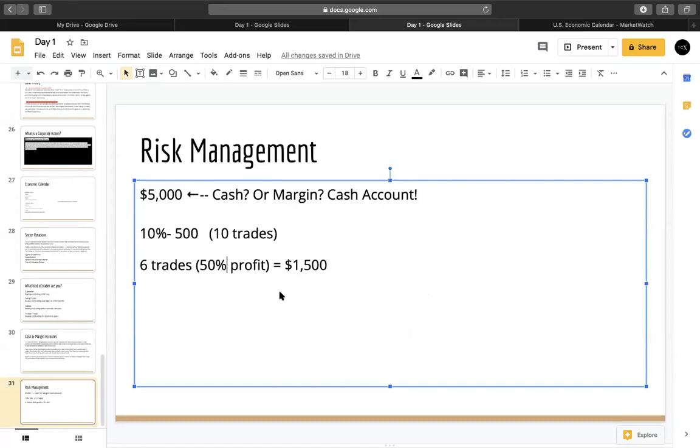Okay, now the 4 losing trades. Let's say you have a stop loss of 10%. What is the most you're going to lose out of the 4 trades if you have a stop loss of 10%? 200.